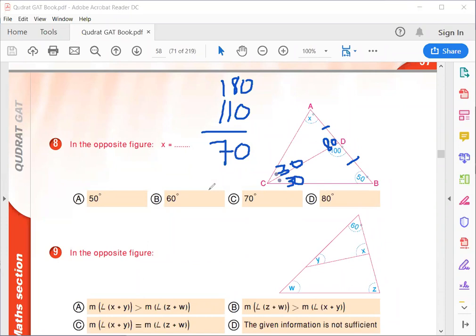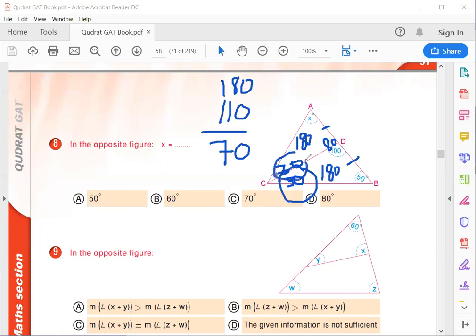Again, now I have two triangles. The sum of the angles in the first triangle is 180. Also here, 180, right? I have 50, 100, then it is 30.